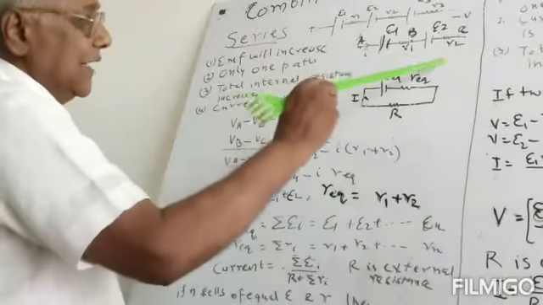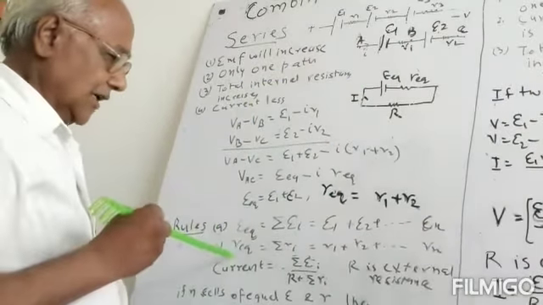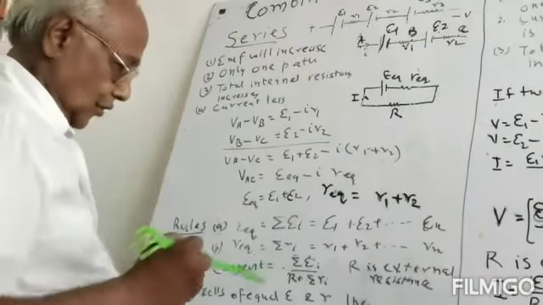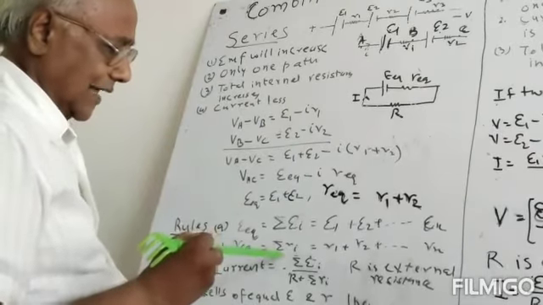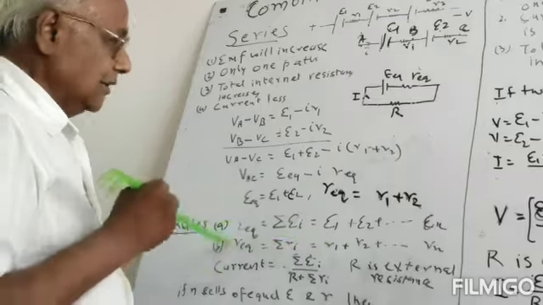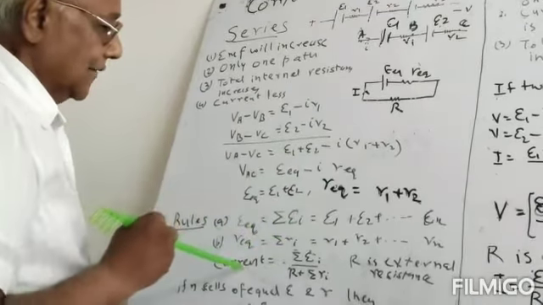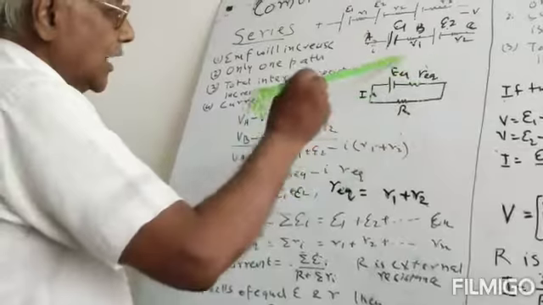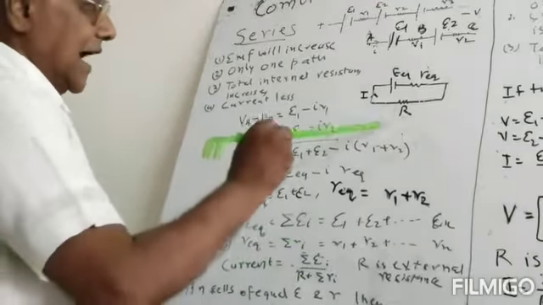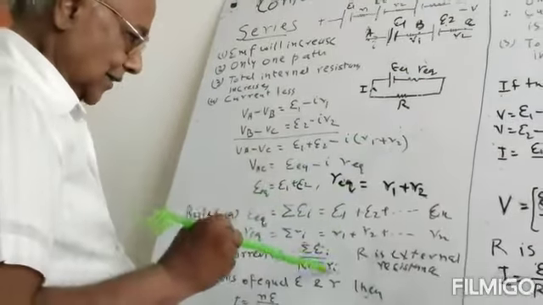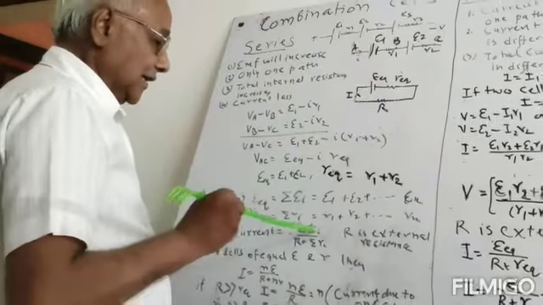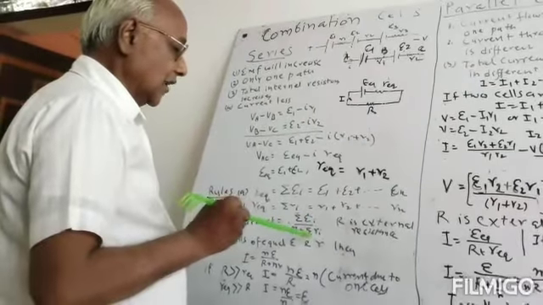Similarly, the equivalent resistance will be equal to the sum of R1 plus R2 plus R3 up to Rn, the summation of Ri. So the current in the circuit, as I told you earlier, will be equal to total EMF divided by external resistance R plus R equivalent. So this will be equal to summation of Ei divided by R plus summation of Ri.